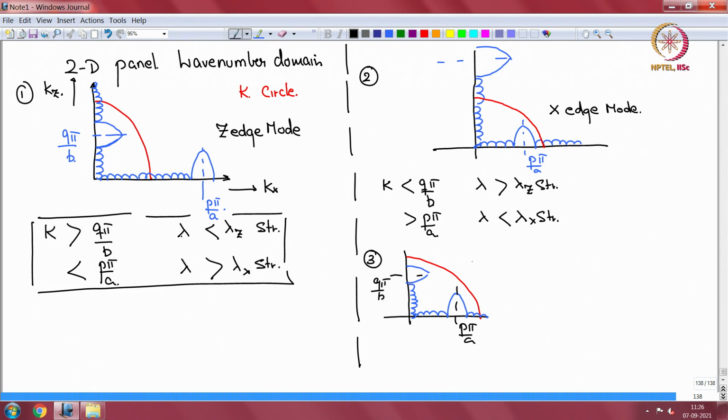So K happens to be greater than q pi by b, and it has to be greater than p pi by a, and therefore lambda is less than lambda z, lambda is less than lambda x.